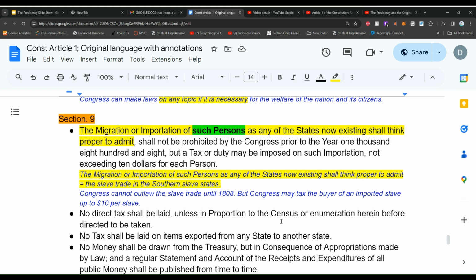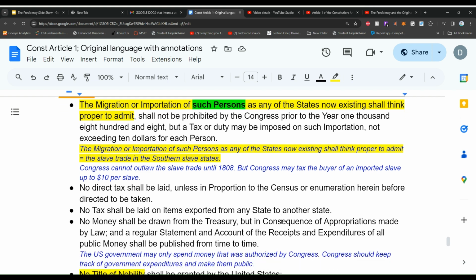And all that bullet means is the Constitution will not outlaw the importation of black slaves right away. And the importation of African slaves will have to end in 1808. So that still gave close to 30 years of the importation of African slaves.